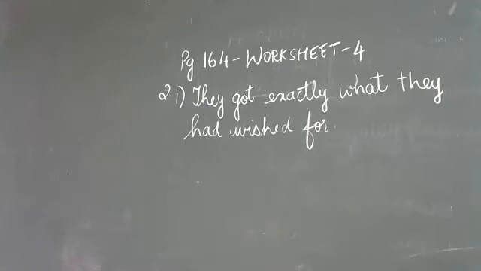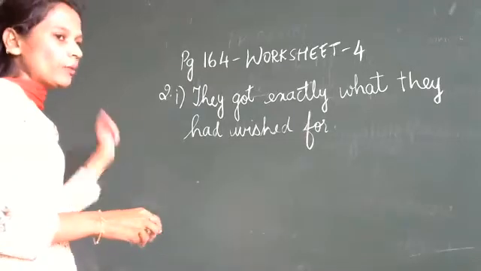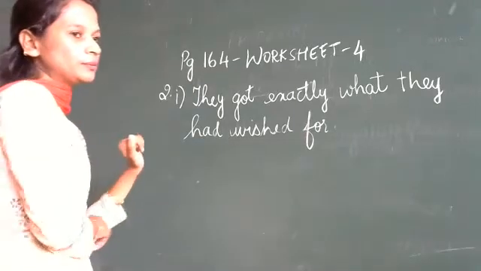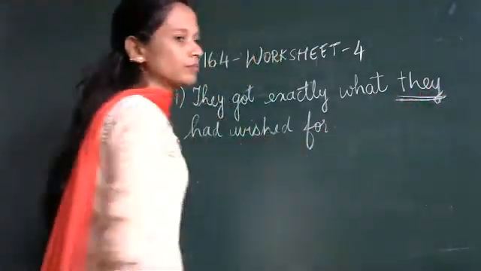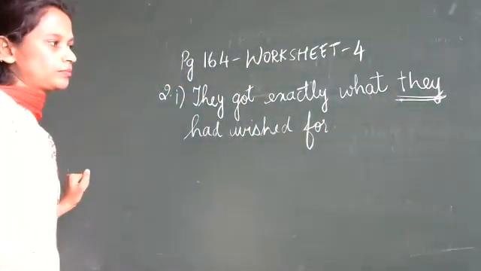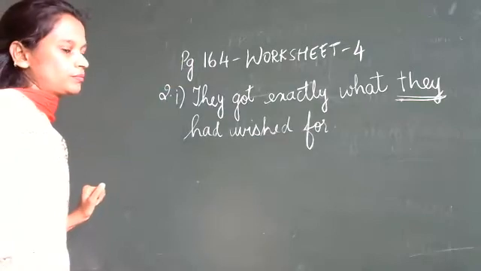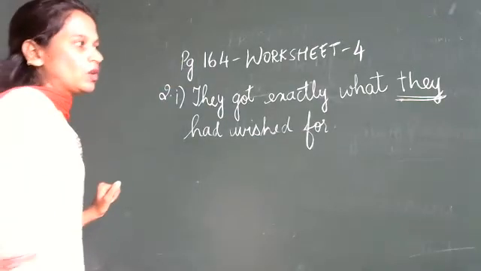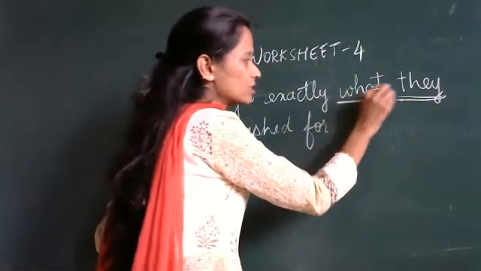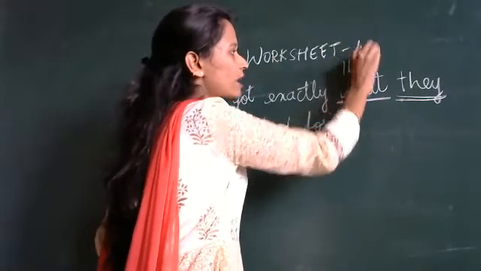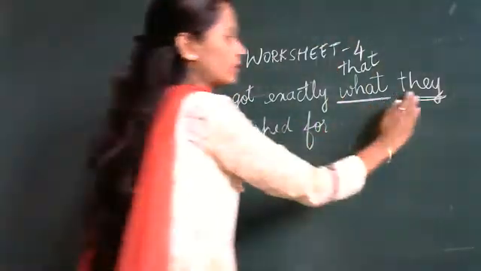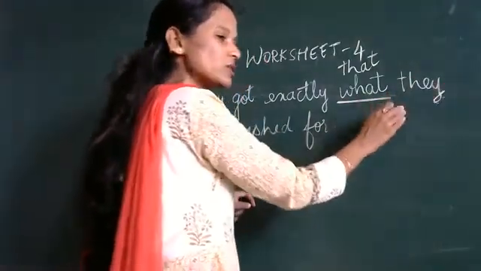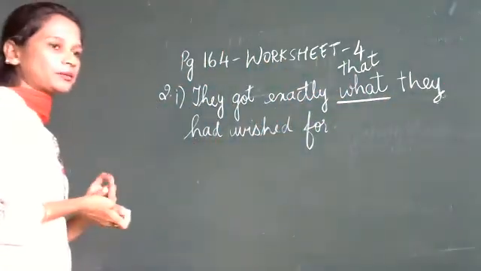They got exactly what they had wished for. Which will be the relative pronoun here? Which they? Or you can even change this. That. You can even put it as that. Instead of the what, it is what also is correct, you can even put that.